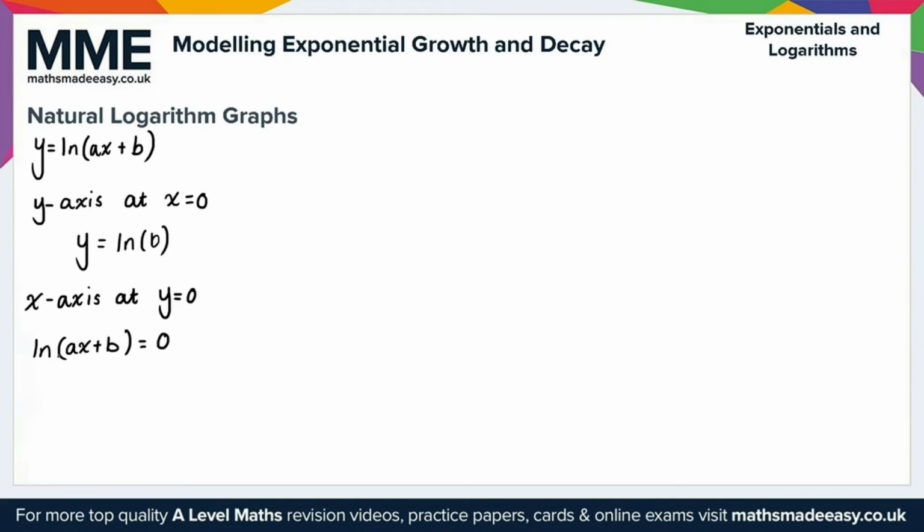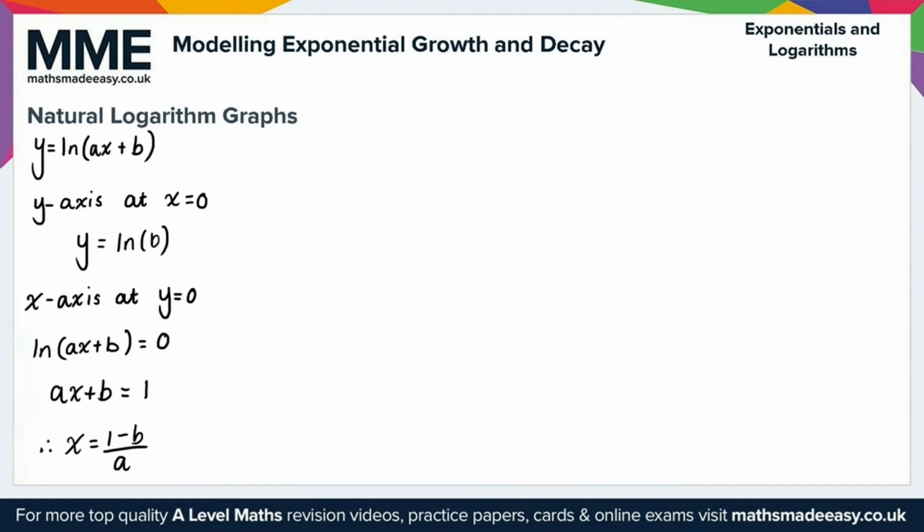So we take the exponential function of both sides of this equation, and that gives us ax plus b is equal to e to the 0, and anything to the power of 0 is 1. So ax plus b is equal to 1, and we now solve for x, which is just 1 minus b, so we'd minus the b first, and then divide by a. Therefore, x is equal to 1 minus b all over a.